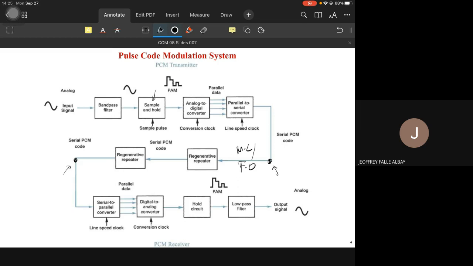This is one of the reasons our PCM systems are immune to noise.